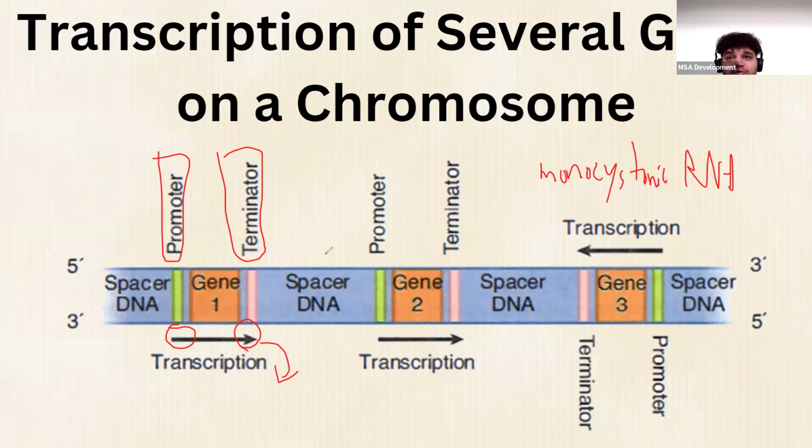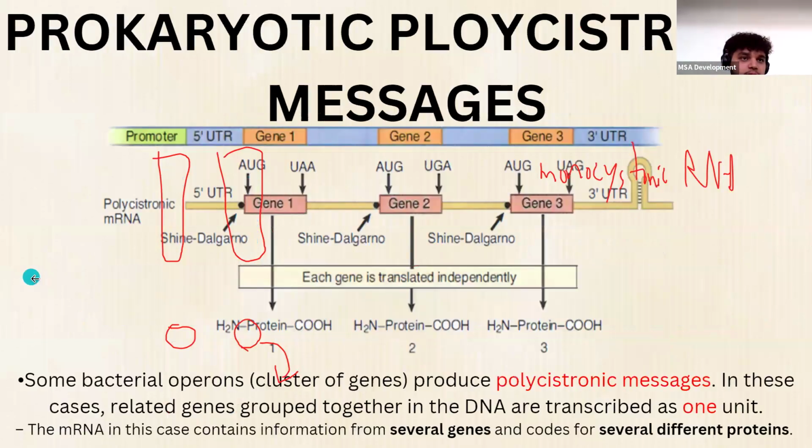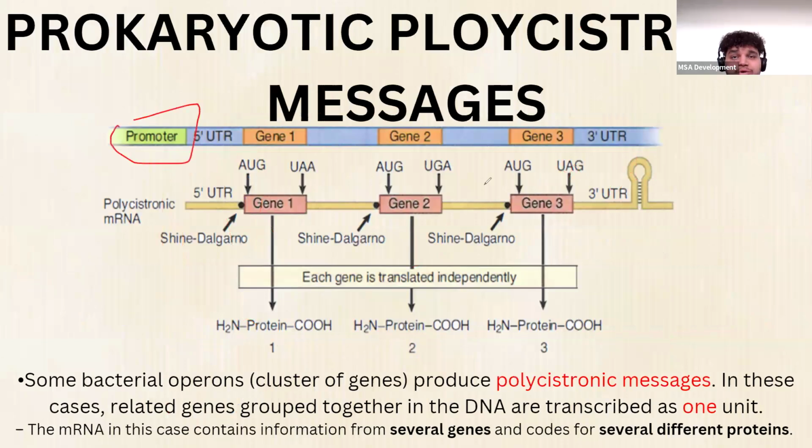What's the difference between eukaryotes and prokaryotes? In prokaryotes, we have only one promoter and we do not have a termination signal. So what does that mean? When I begin transcribing, I will transcribe all the genes together. So this mRNA contains the genes for all of the proteins. In bacteria, for example, bacteria is a prokaryote, I have environmental changes and I want to increase the regulation of certain proteins.